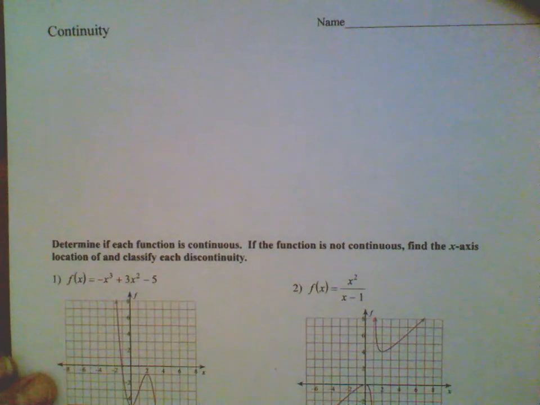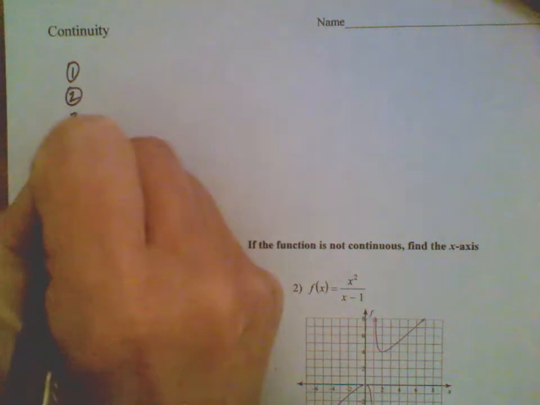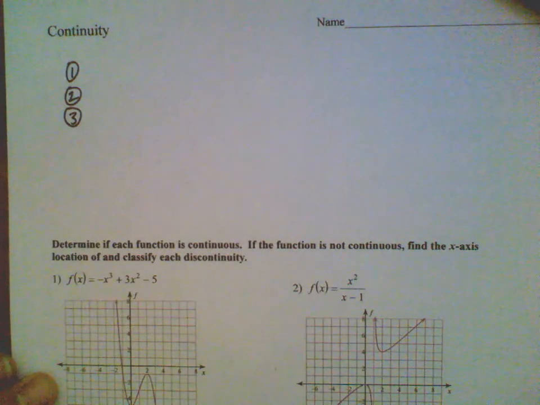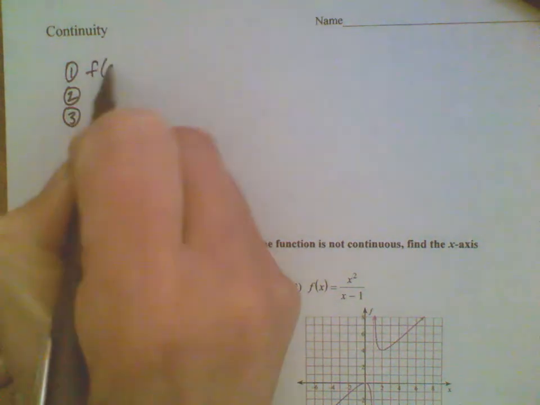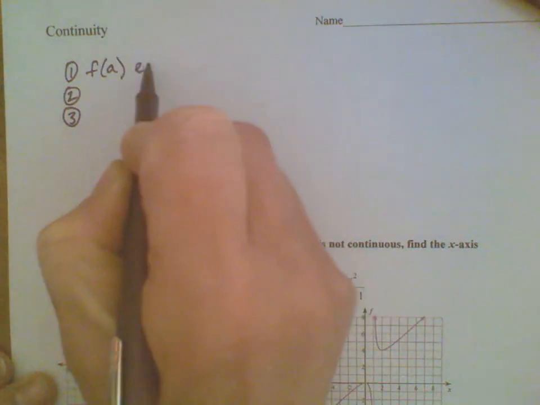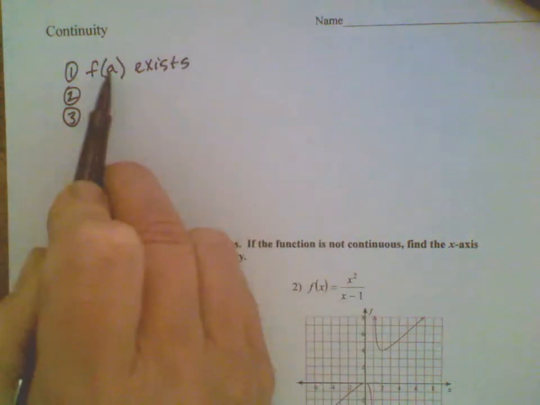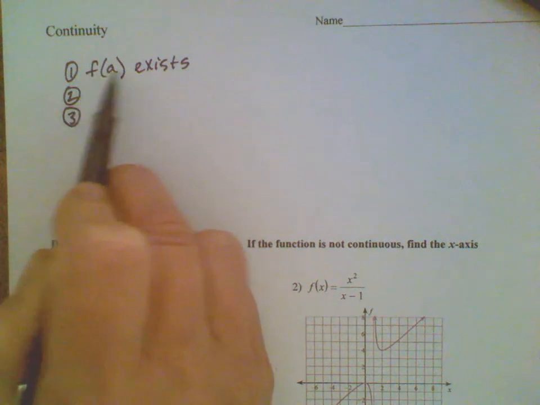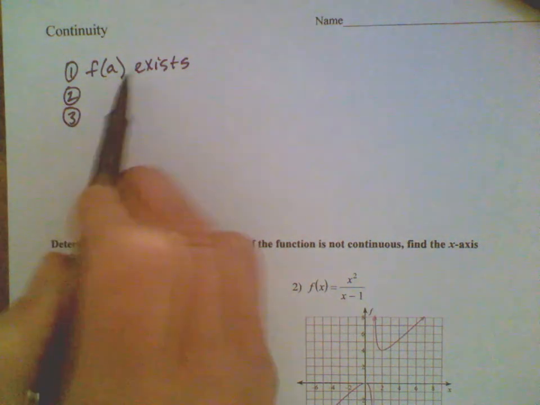For a function to be continuous, there are three things that have to happen. The first thing is that there is a value everywhere. So no matter what number I put in for the function, I'm going to get an output value. F of a exists.